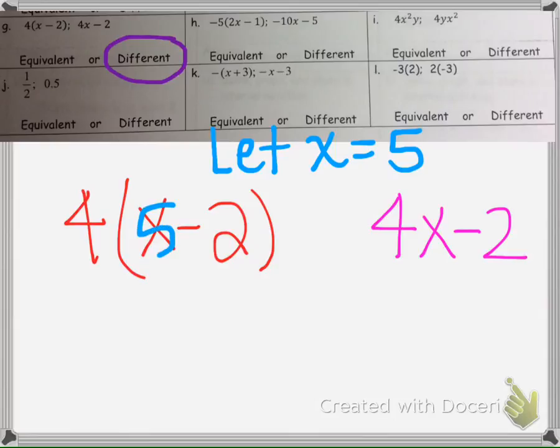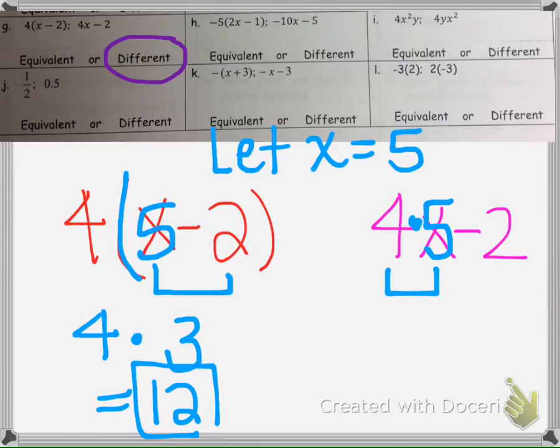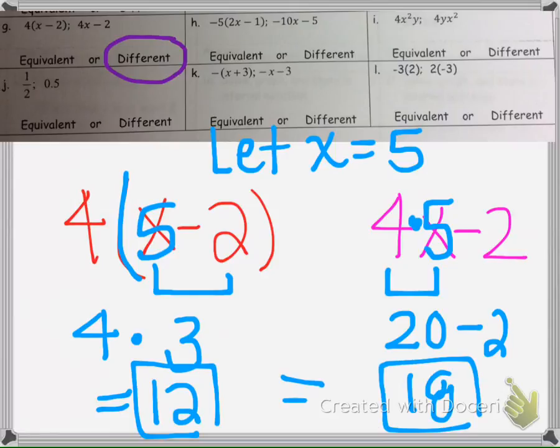So if I take away the x and plug in the 5 here, we do parentheses first, so that's 3, and a 4 next to parentheses means times, so we would get 12. If we take out this x and we plug in a 5, a 4 next to an x means multiply, so here we'd get 20 minus 2, which is 18 over here. So they are not equal, so they are indeed different.